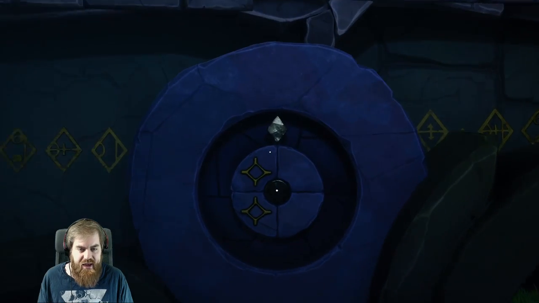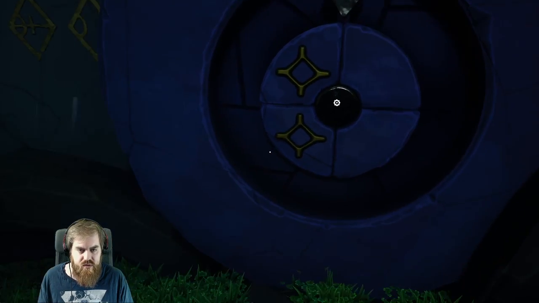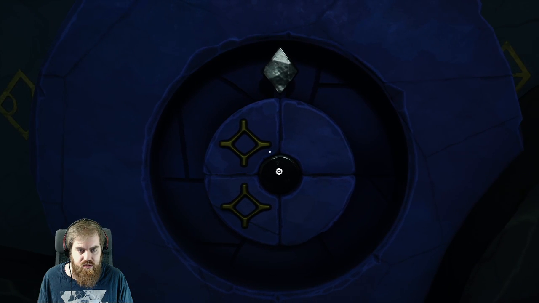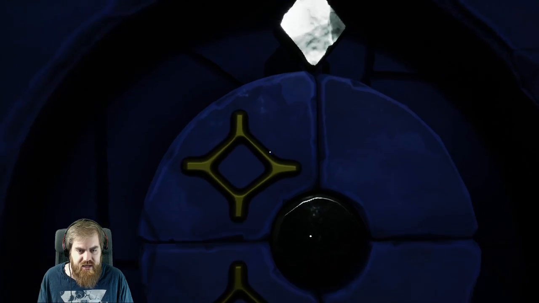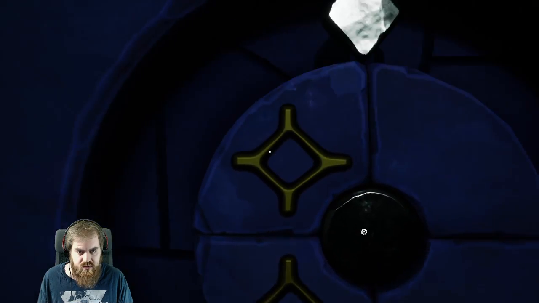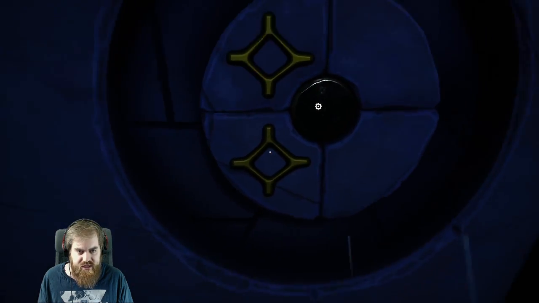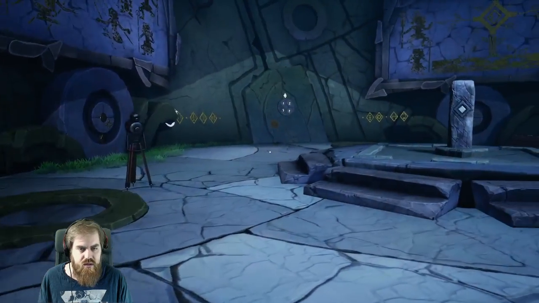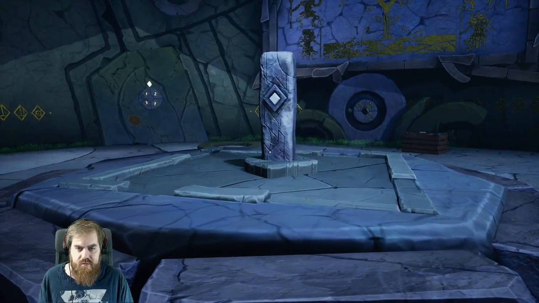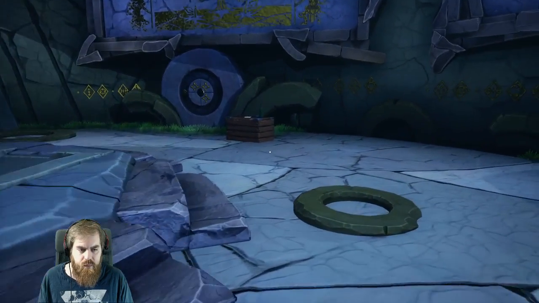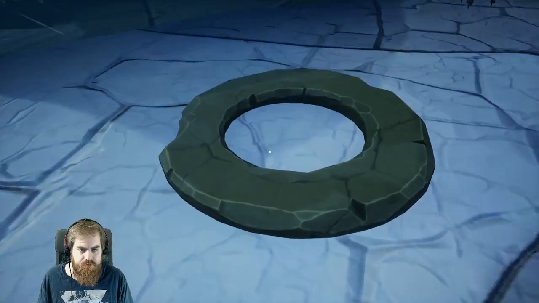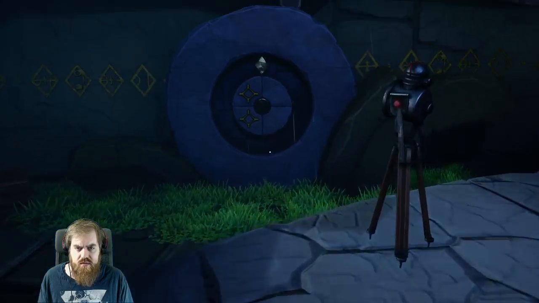Now, what I don't get is, what am I supposed to do? Like what do these symbols do? Like the fact that this one has two symbols here. What does that do? It's a bunch of circles.